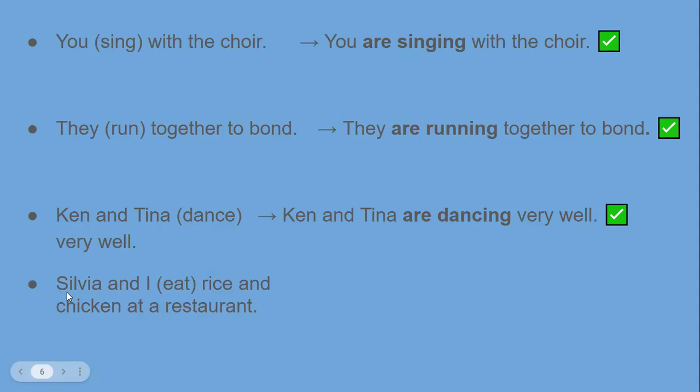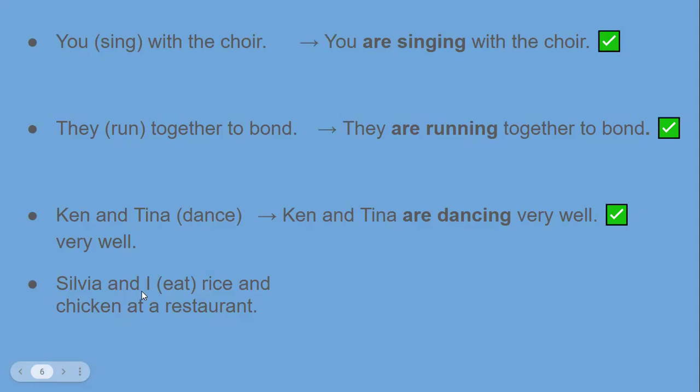Next up, Sylvia and I eat rice and chicken at a restaurant. So you've got Sylvia, she, and I, which is myself here. I'm a he, okay? So I have included myself in the subject, and therefore the collective subject here is the same as we.